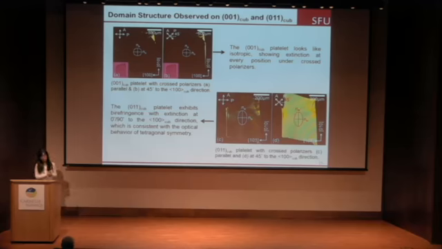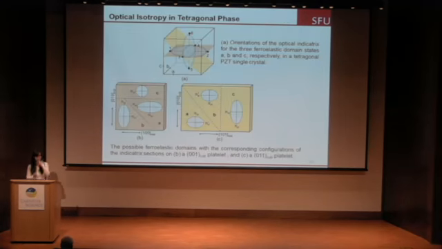Why? Before I give my explanation, first let's look at the optical anisotropy in the tetragonal phase. In a tetragonal crystal, there are three ferroelastic domain states, A, B, and C, and the orientations of the optical indicatrix are represented by three ellipsoids in that figure.